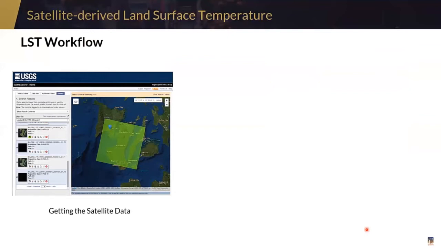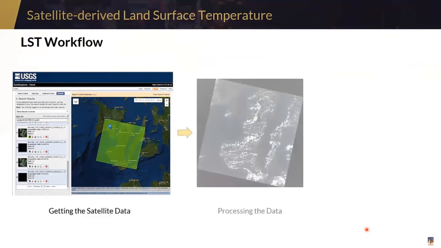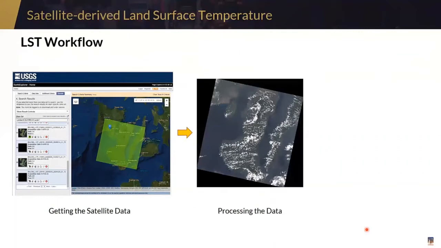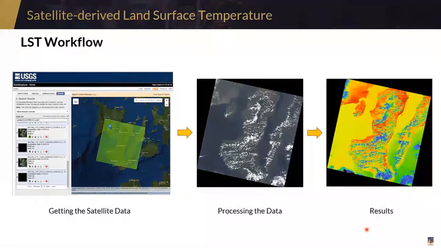Once we have the data, we can put it in a processing platform like QGIS so we can process it. There are articles and literature published that show how to compute LST from satellite data. Depending on your satellite, the formula and literature we can use for processing differ. Once it's done, we have our LST layers.